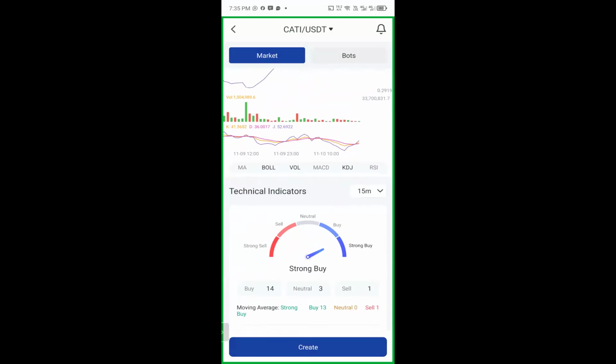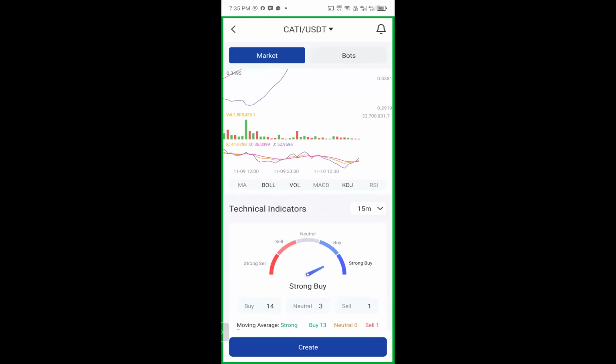Once you see a strong buy, this indicator works. That means you have a long time to be in the market. But once it goes neutral, from buy, neutral, sell, I don't use those to enter the market.